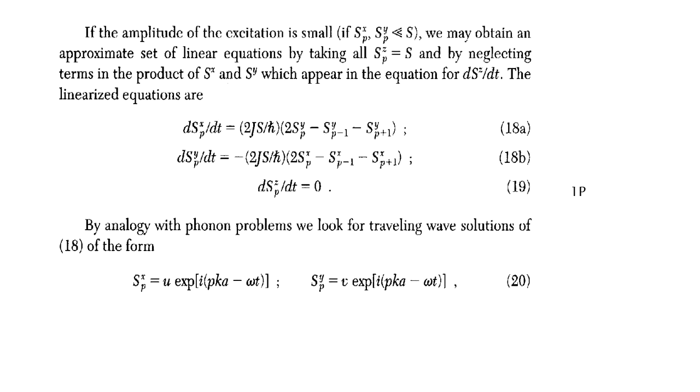If we consider the amplitude of excitation to be very small, that is, the x component of Sp and the y component of Sp are much smaller than S, since the original spin was along the z direction, we substitute Spz equal to S. We can neglect the product of the x component and y component, since individually these terms are small, the product will be much smaller.